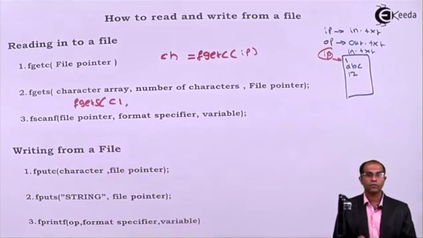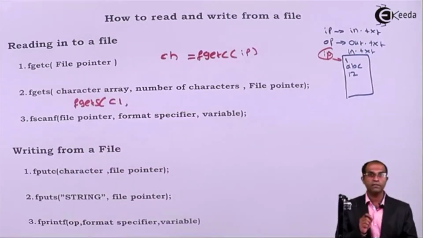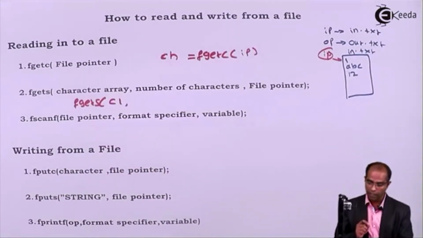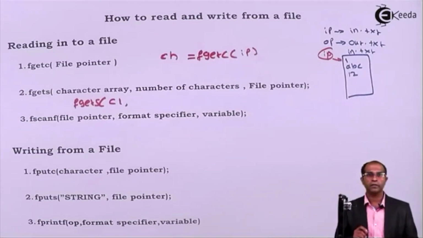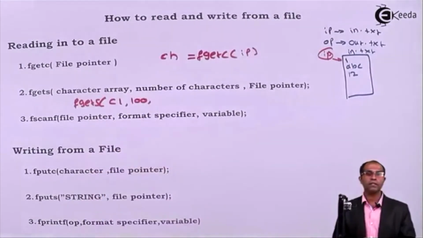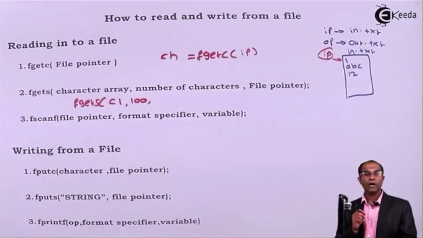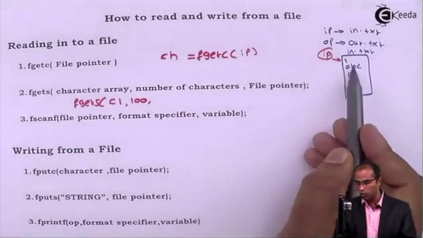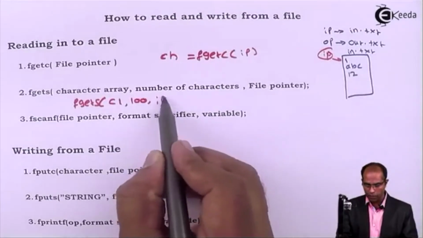Here I am supposed to define C1 not as a character variable but as a character array. Then how many characters do you want to read at any given time? Suppose I want to read 100 characters, so I'll say 100. The second parameter is an integer number, and then, after a comma, the file pointer on which you want to do the operation. I want to do the operation on IP, so I'll say IP at this place.